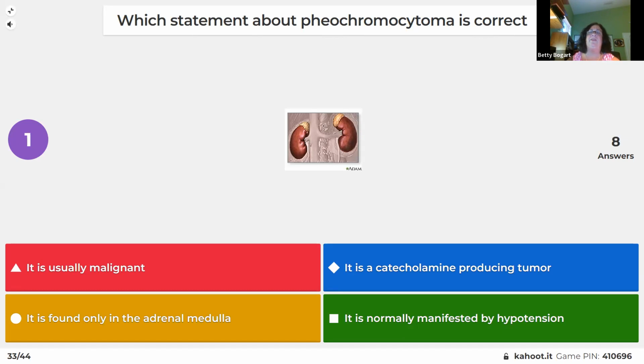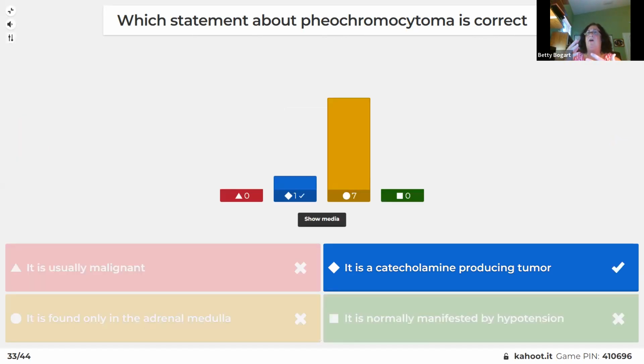These tumors tend to secrete hormones that cause hypertension, tachycardia, and tightness in the chest. You can also become very hot and febrile. Pheochromocytoma is a catecholamine producing tumor. Catecholamine, think everything fight or flight, up, up, up, up, blood pressure, heart rate, okay?